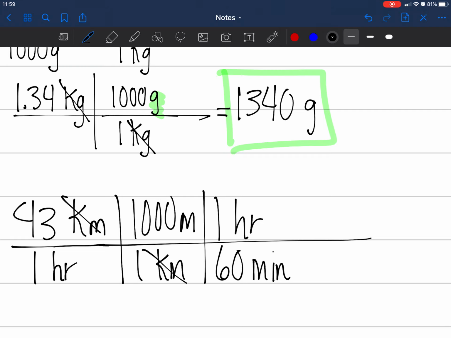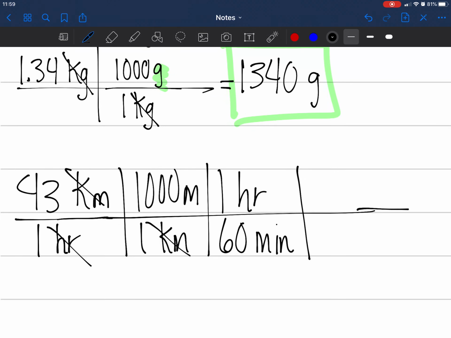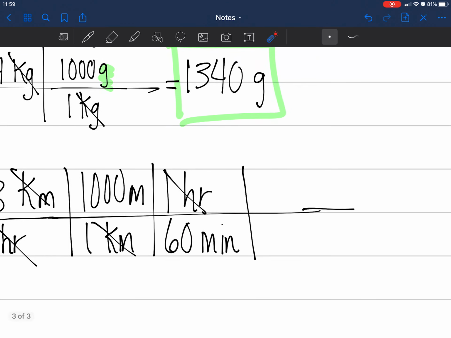But I said I wanted to convert it to meters per second, so that means I still need to go further. Hours is just going to cancel out. So I'm in meters per minute. I want to convert it to seconds, so I want to cancel out minutes.